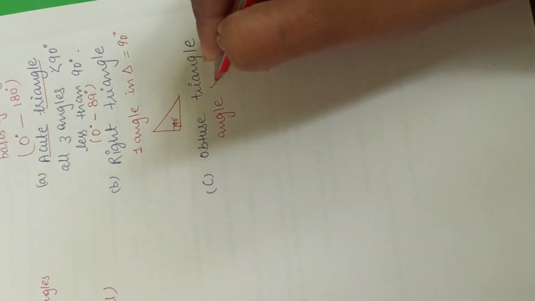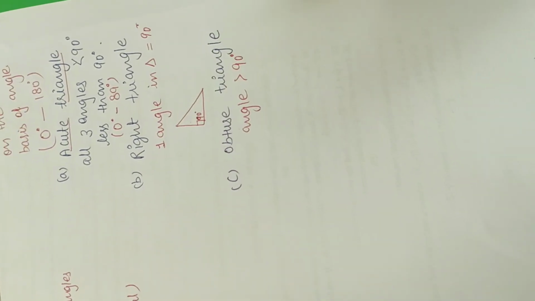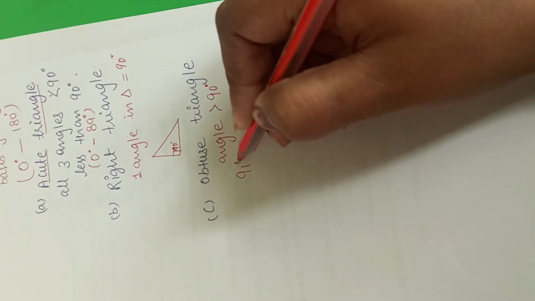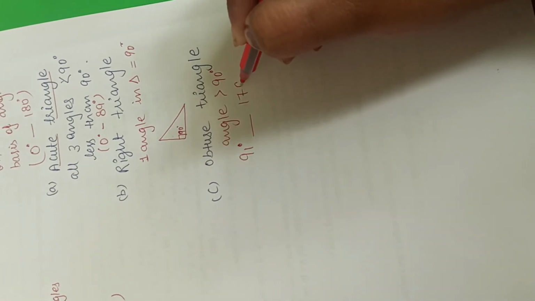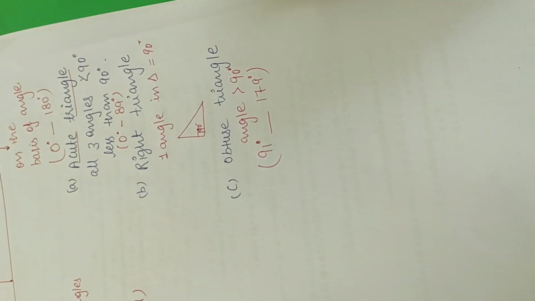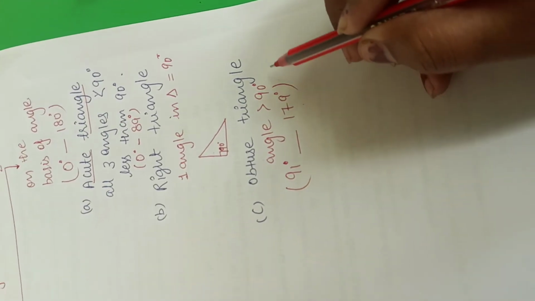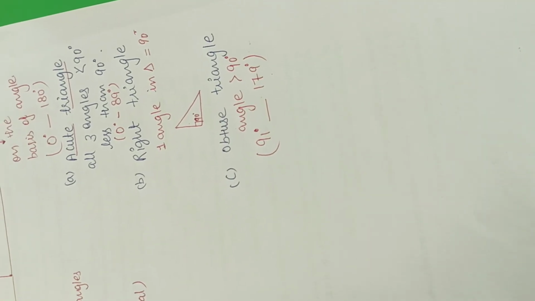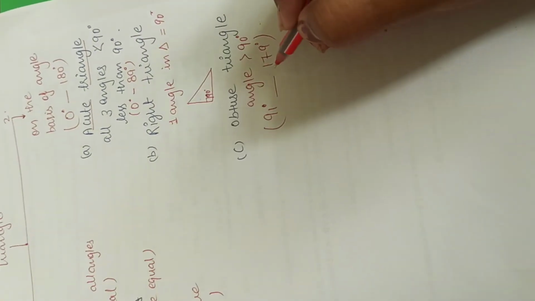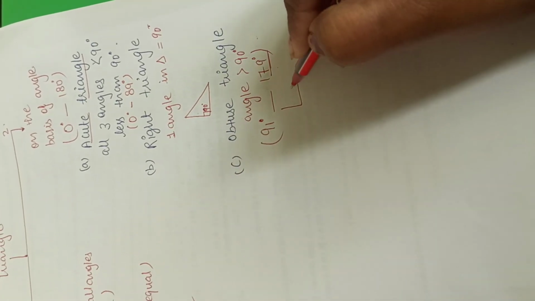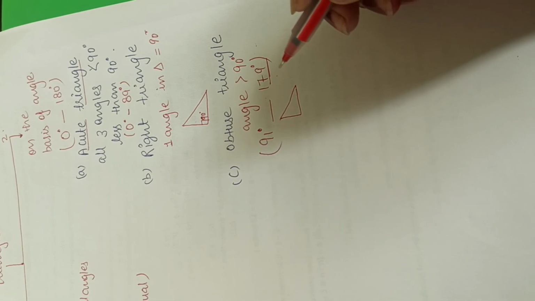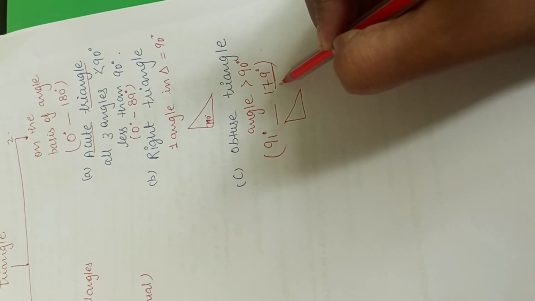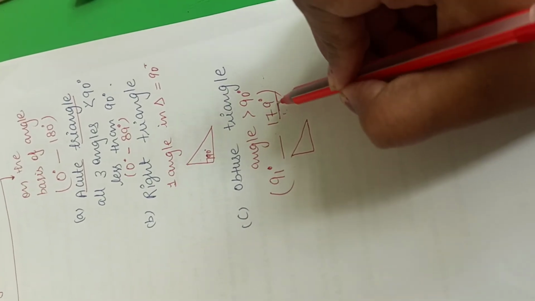In this you will take from 91 degree to 179 degree. 91 to 179 degrees, which are they? Obtuse triangle. Clear? But see, here it cannot be that you make a single angle 180 degree, right? The specific range of an obtuse angle is 91 to 179 degrees.